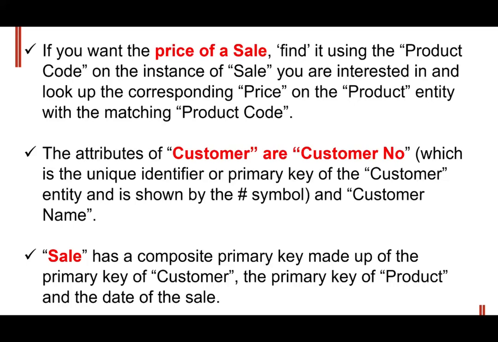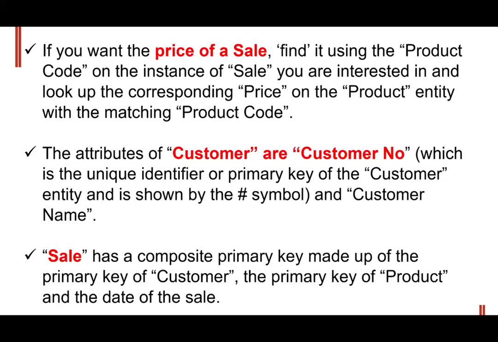So let's assume that you have a data model and the data set, the physical data set, and you are looking for a price of a sale. So in a specific event, there was a discounted price offered for a customer for a specific product.